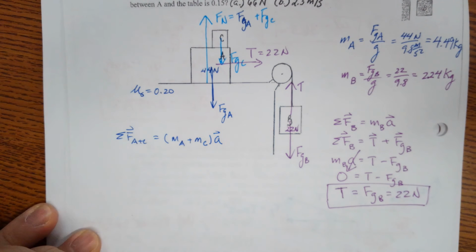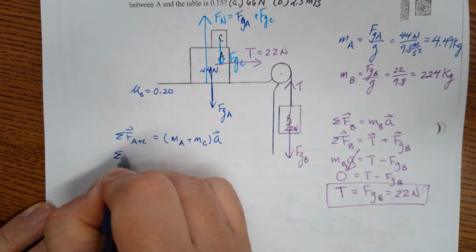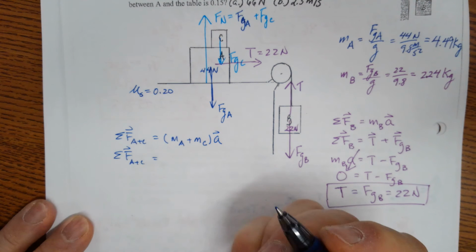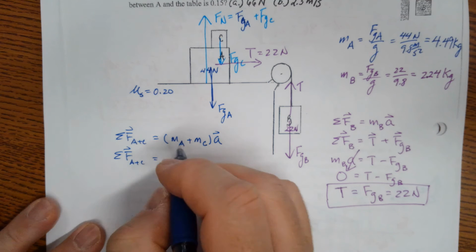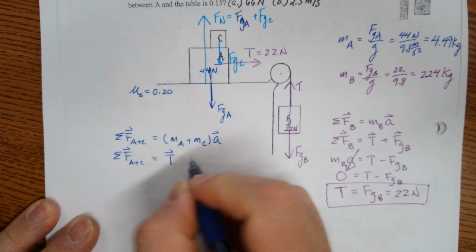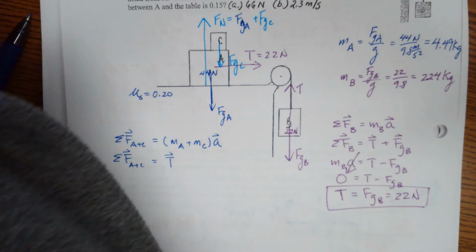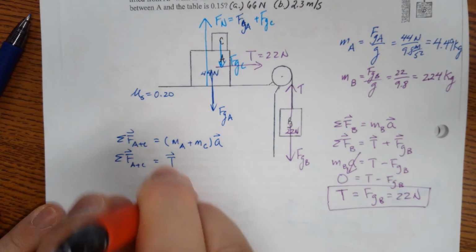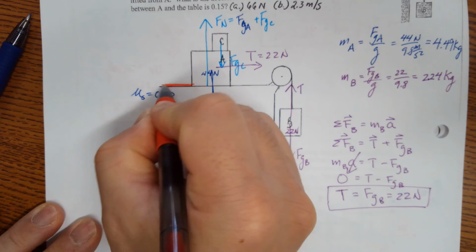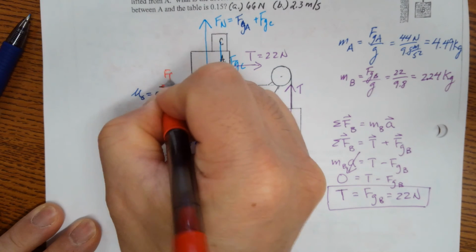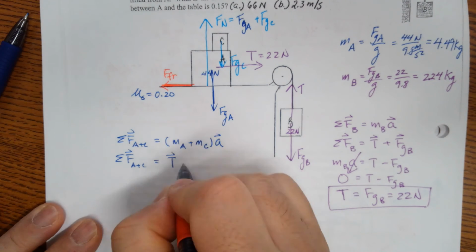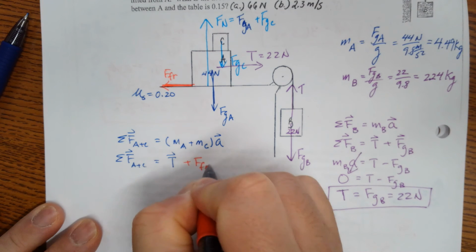And of course, acceleration again is 0. So the sum of all forces for A plus C has definitely tension, and we have friction going the opposite way of the intended motion.